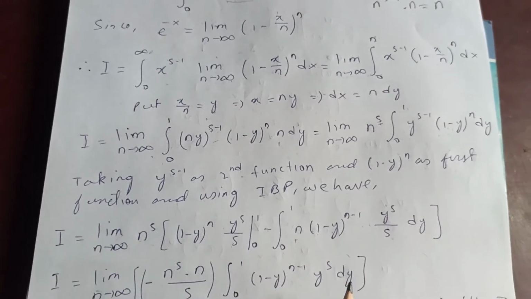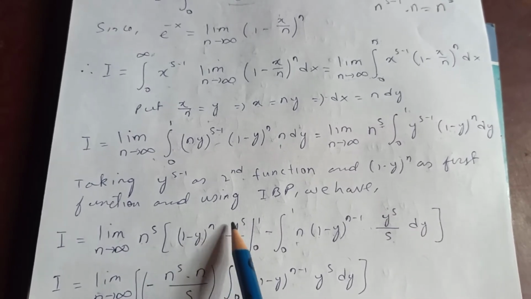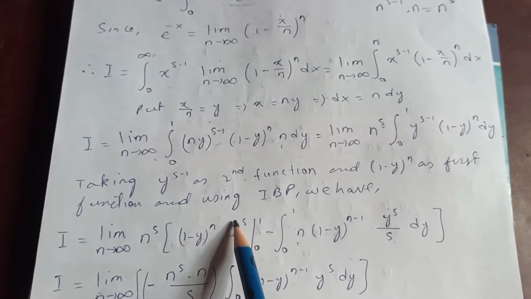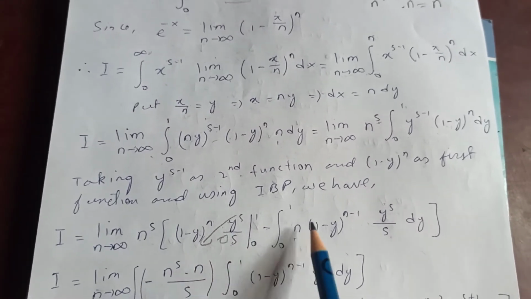If you put 1 here, 1 minus 1 is 0, so this will be 0. If you put 0, y is 0, so this whole term cancels out. So we are left with only this term.